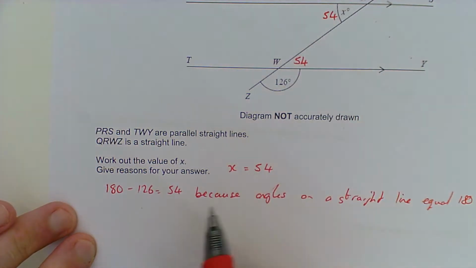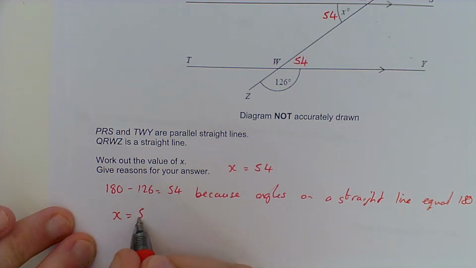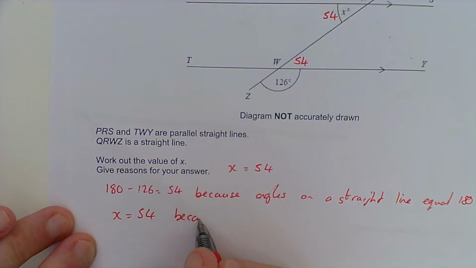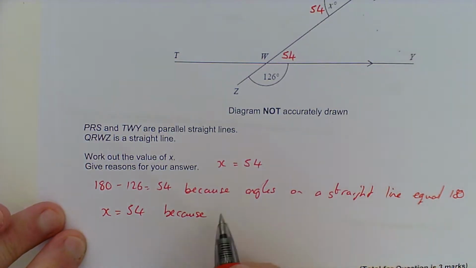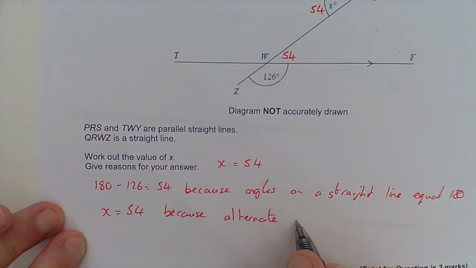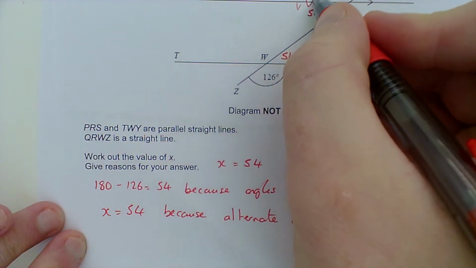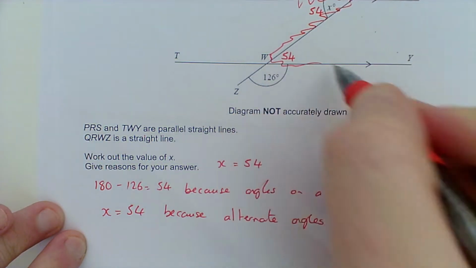And then I know to get from here to here, I know x has to equal 54 because, now I've gone with the Z shape. And you can't say Z, it's not allowed that. So because alternate, A-L-T-E-R-N-A-T-E, alternate angles are equal. Okay, so you've got to make sure you say how you got there.